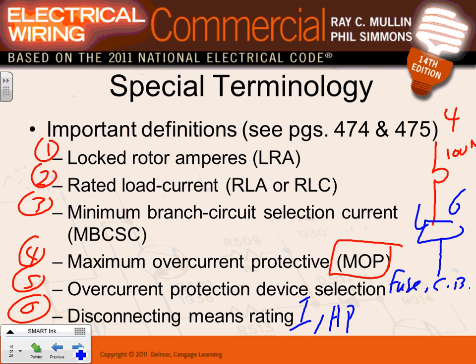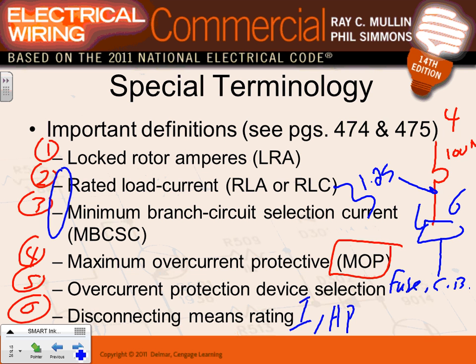These 2 values, guys, are used to size your conductor. You take the largest of the 2, multiply it by 1.25, and then you size your conductors. One more time. Rated load current is the amount of current that the system is going to draw while it's fully loaded. Rated load amps or rated load current.